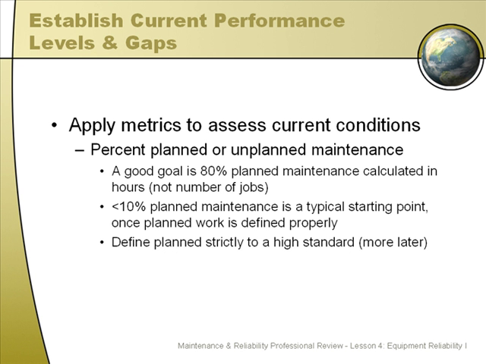Here are some of my favorite measures: percent planned or unplanned maintenance. It's a good goal to shoot for 80% plus planned maintenance, calculated in hours, not the number of jobs. If you're not doing at least 80% planned maintenance, you're not even in the game as far as reliability is concerned. And most places are doing less than 10% planned maintenance if they're in reactive mode.